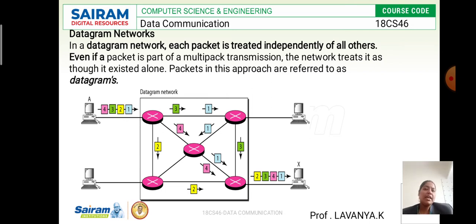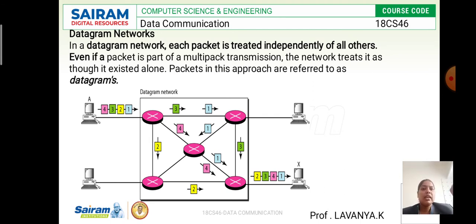The sender has to know which device the packet should reach, either X or Y. The sender decides, and the packet reaches that device through the datagram network.